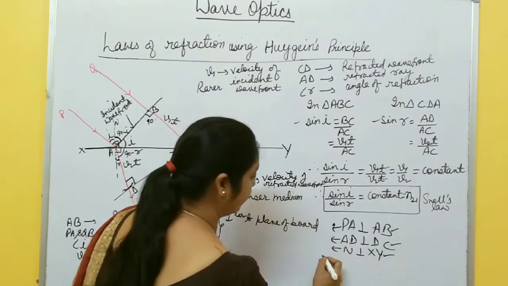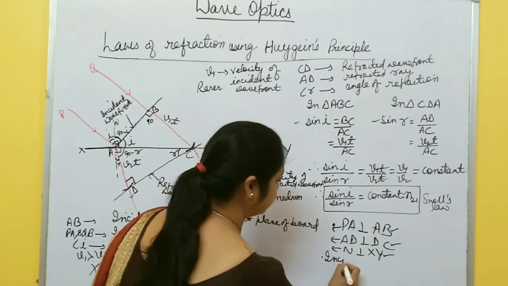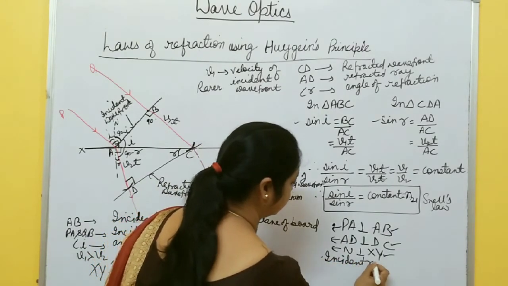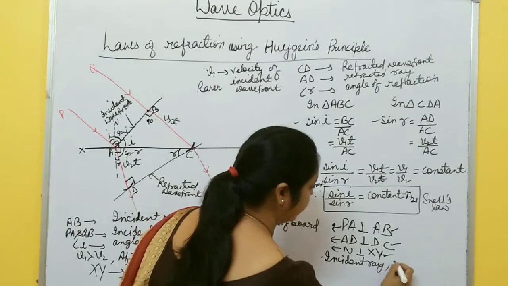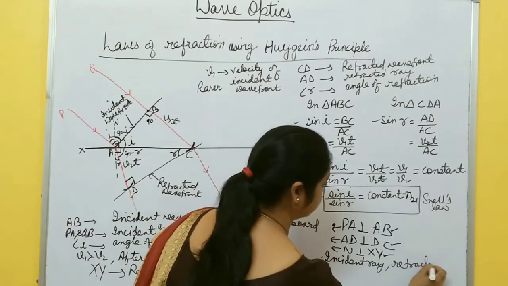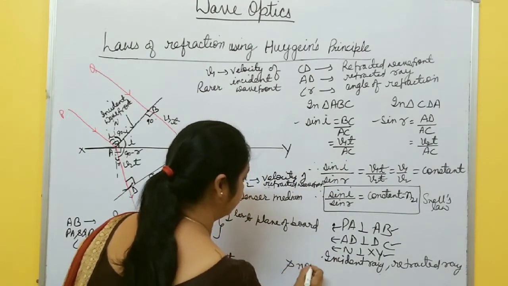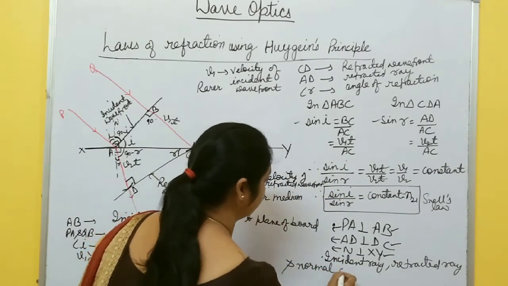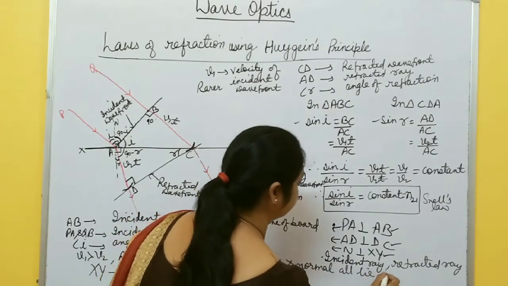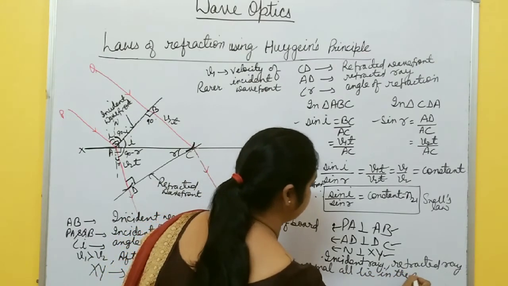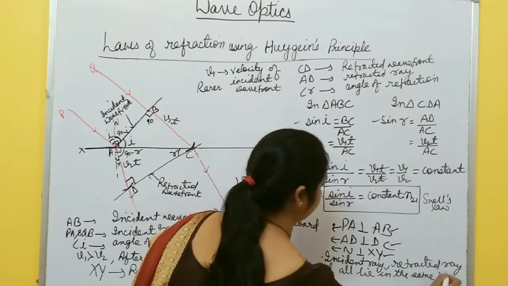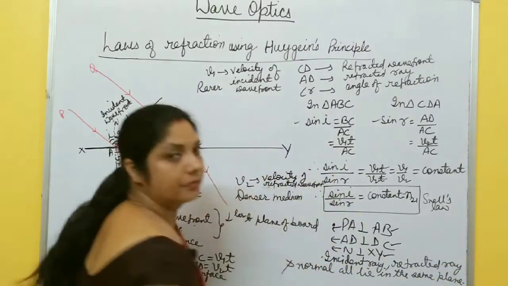So easily you can write incident ray PA, refracted ray and normal all lie in the same plane of paper.